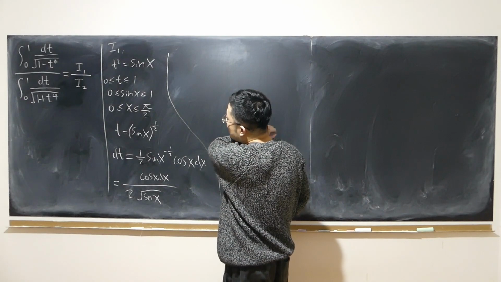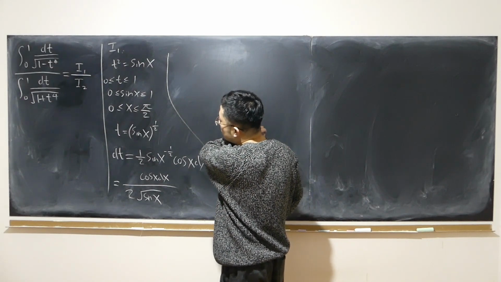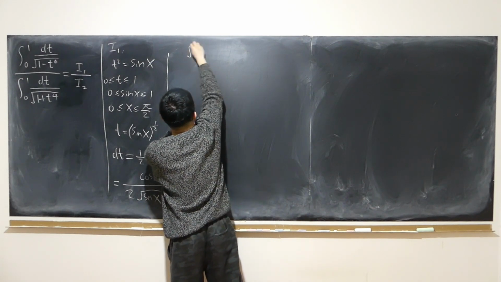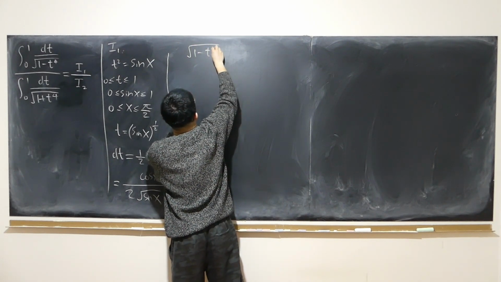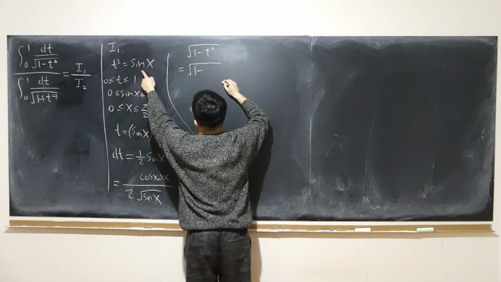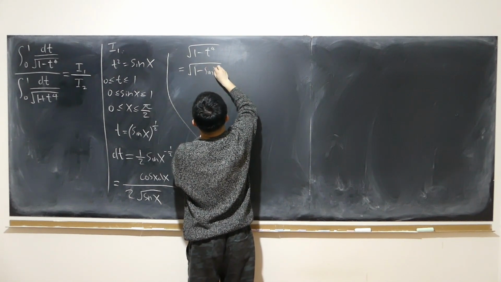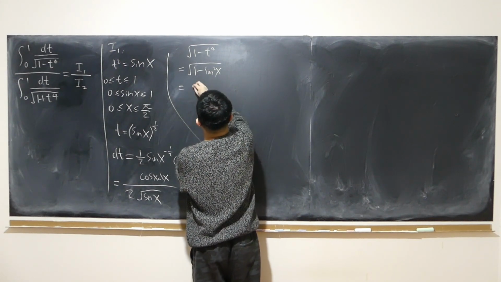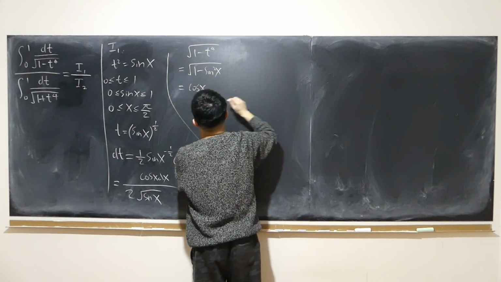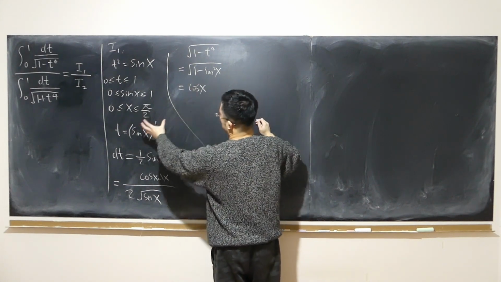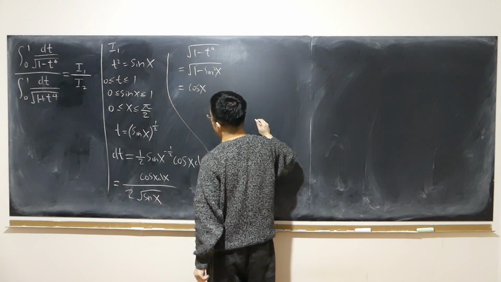Now I'm looking at the inside function, the integrand, at the bottom. The square root of 1 minus t to the power of 4 is equal to the square root of 1 minus sine squared, that is of course cosine x, the absolute value. I don't need the absolute value because of this restriction.